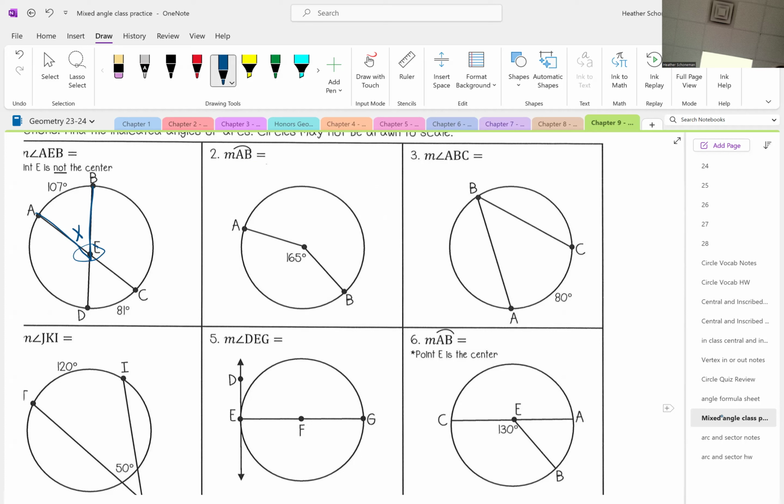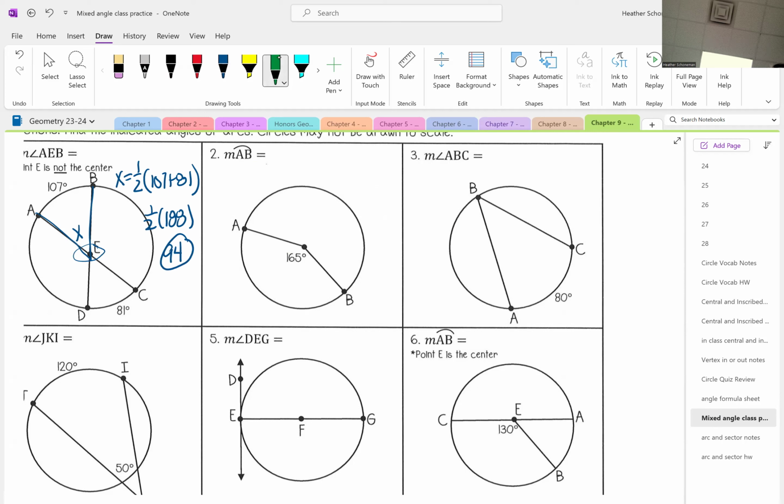So when it's inside the circle, the angle, which is X, is 1/2 the sum of the two arcs. So we have to add 107 and 81. And 107 plus 81 is 188. So it's half of 188, which is 94.